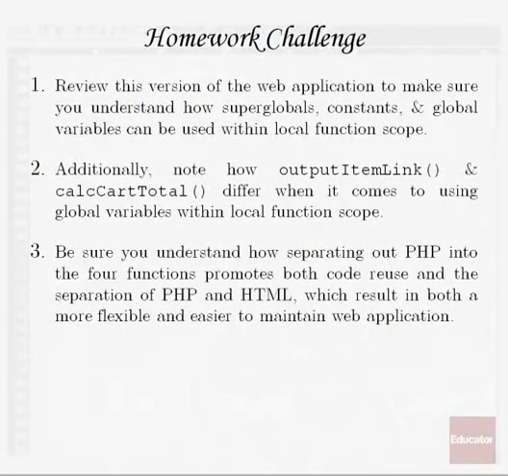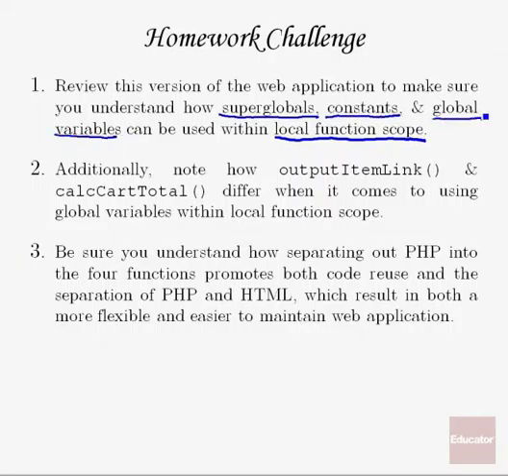So today's homework challenge is typical of our web application lessons. Basically we just want to make sure that you understand working with local function scope and global scope, and understanding how within our functions we can access superglobals, constants, and global variables, and the different ways that we do that.